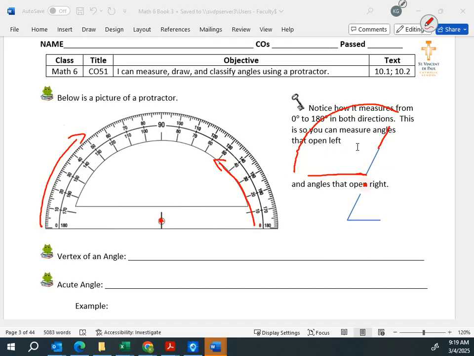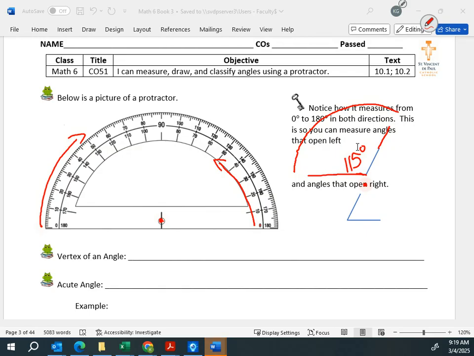How many degrees do you think this angle is, Lila? So if I'm looking at mine, it looks more like 115 degrees if I have that straight line going across.